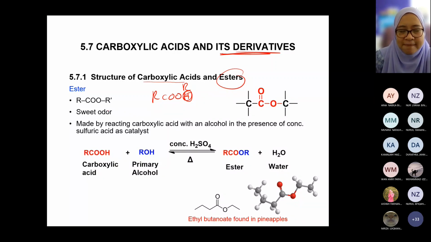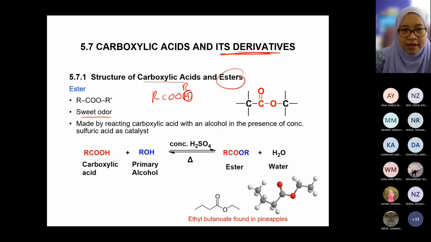Sebab they have the same carboxylate group. Okay, tapi dia punya characteristic is quite different than carboxylic acid. It has a sweet odor. Okay, dia punya scent tu very sweet.